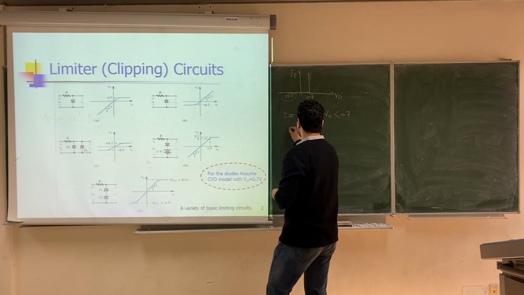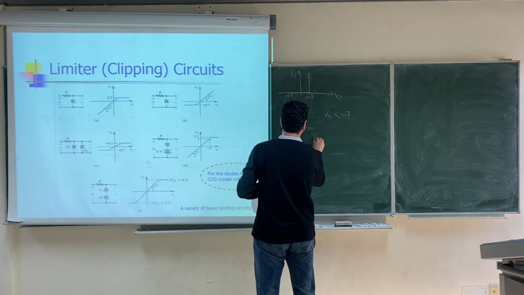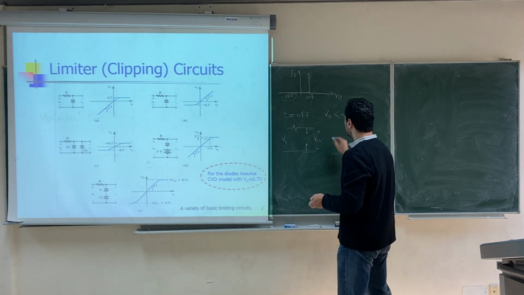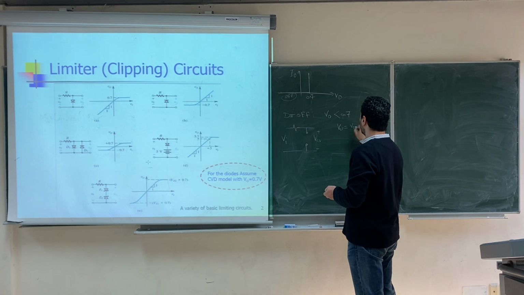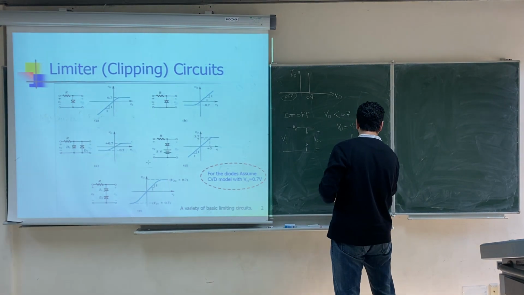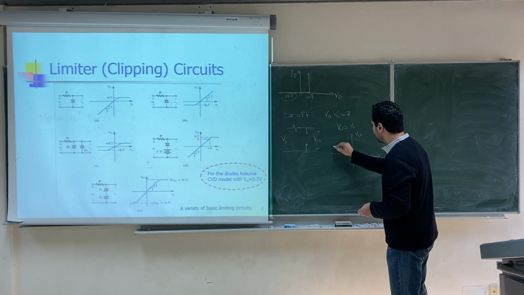In this case, the circuit will look like this: V input, V output, and the diode is open circuit, it's off. In this case, V output will be equal to V input, and hence we can plot the relation between V input and V output as following.